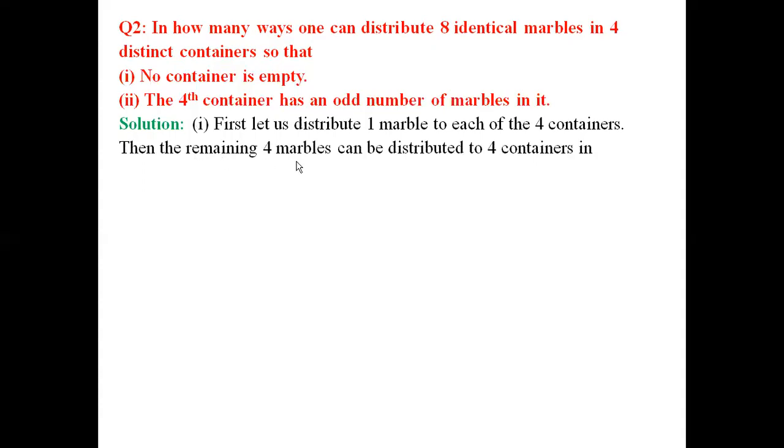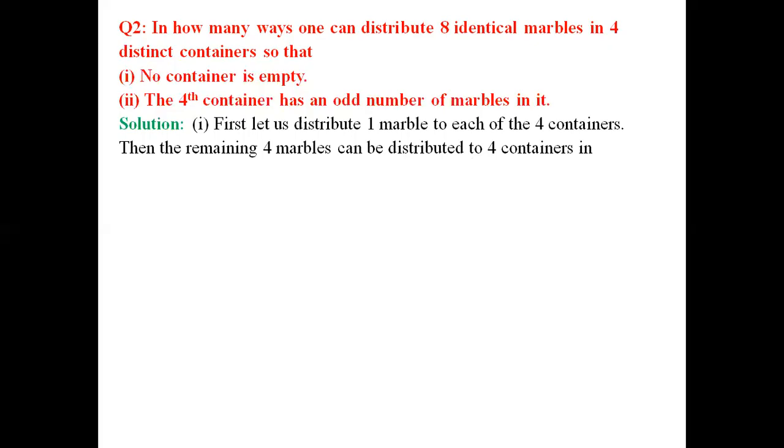So the remaining 4 marbles should now be distributed to 4 containers. So both n is equal to 4 and r is equal to 4. We are distributing 4 marbles, so r is equal to 4.